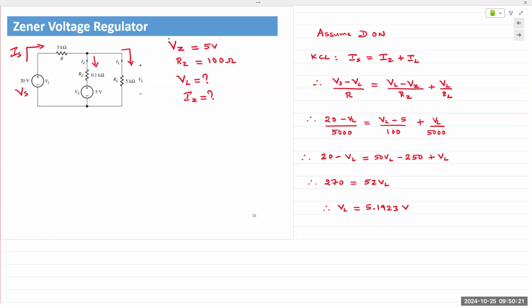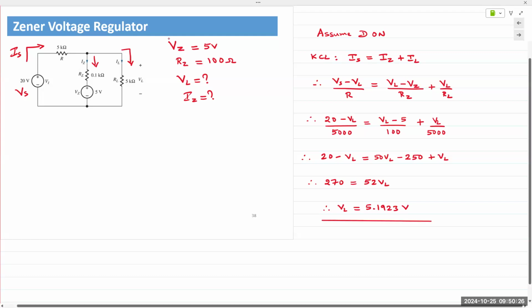All right, so our job is not yet done. We still need to find IZ. So IZ would be equal to 0.1923 over 100.